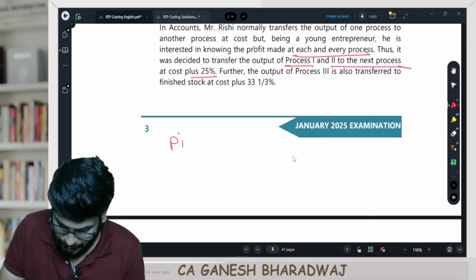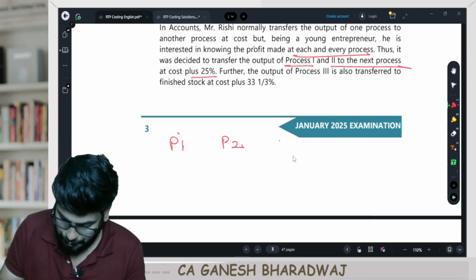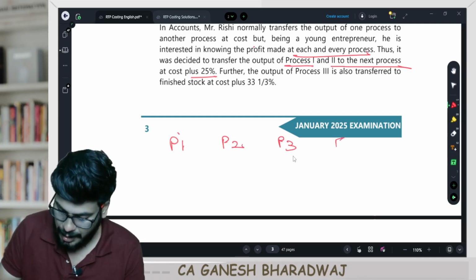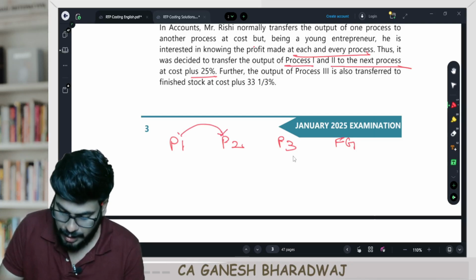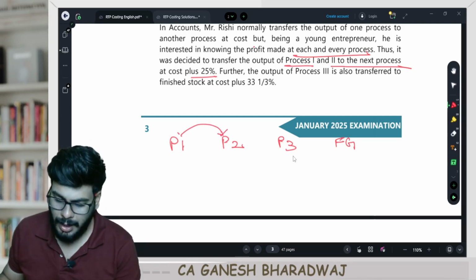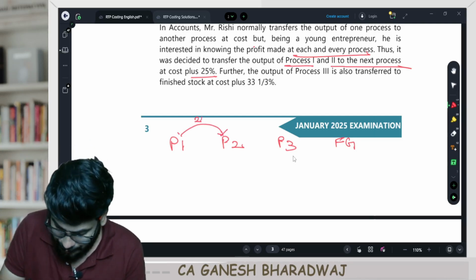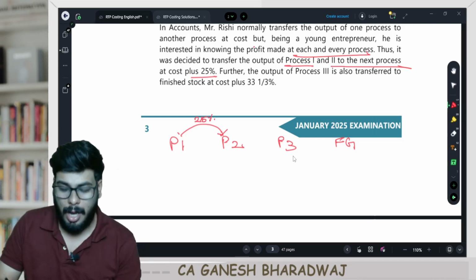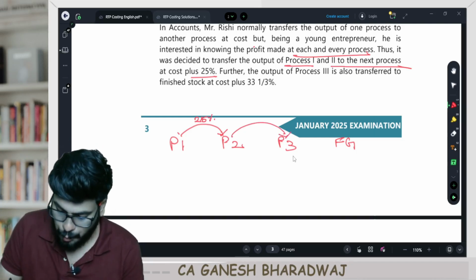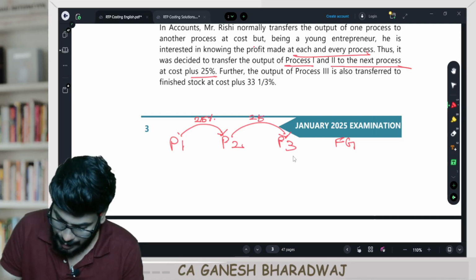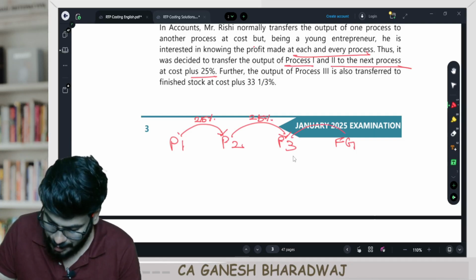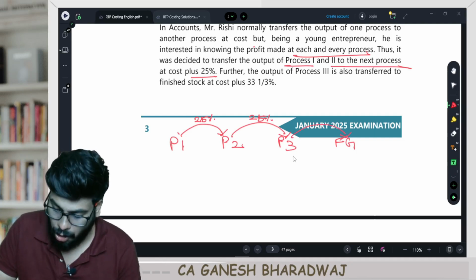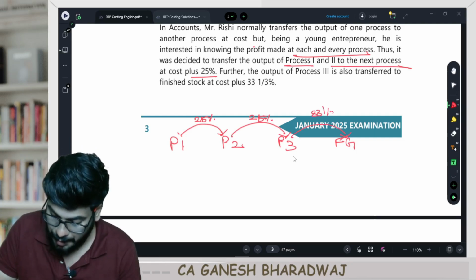Three processes are there: P1, P2, P3, and finally it goes into the FG. Process 1's output is transferred to process 2 at cost plus 25% profit markup. Output of P2 is transferred to P3 once again at cost plus 25%. And the output of P3 is transferred to FG at cost plus 33 1/3%.